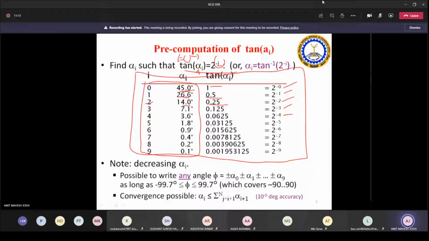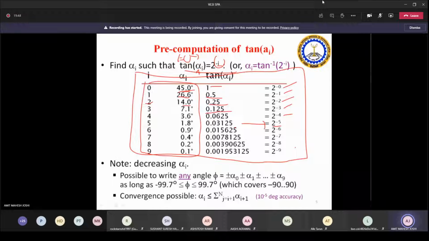It may happen that some of the values may not be exact, but we can have an approximation. Let's say a tan value is 0.03125, but if it is 0.032 something, then also I will take the liberty to consider it equal to 2 raised to minus 5. According to that, I am just considering this value. The intention is clear.